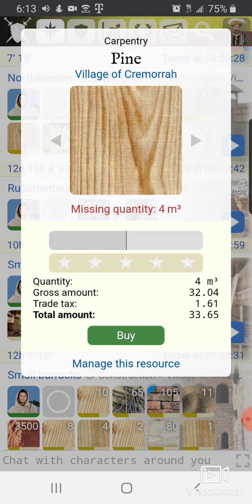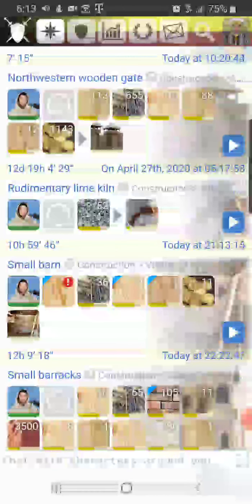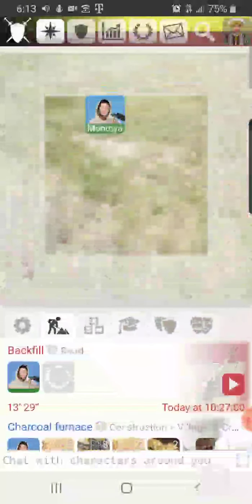Low quality will be cheaper, but not as good for building. So if I want, I can look for some higher quality stuff, but obviously it'll be more expensive. And that's how you can build.